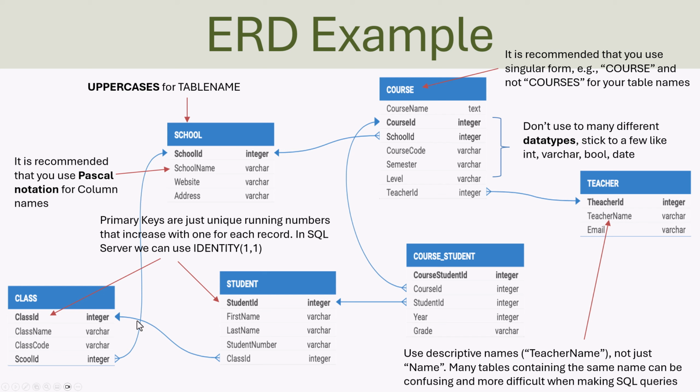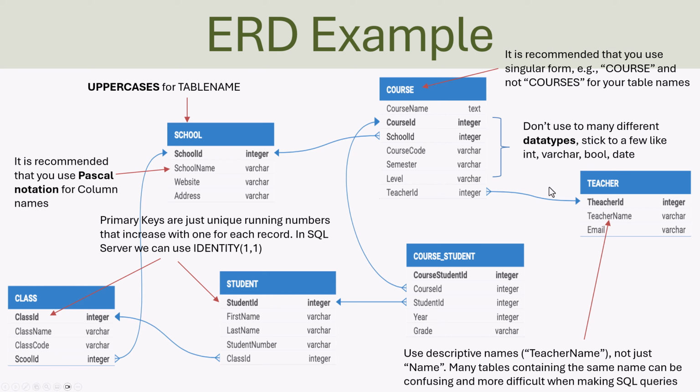So all these are just running numbers that increase by 1 for each record that we put into these tables. And we can specify that these columns should be so-called identity 1-1. That means that they start with 1 and then increase by 1 every time you insert a new record in these tables.